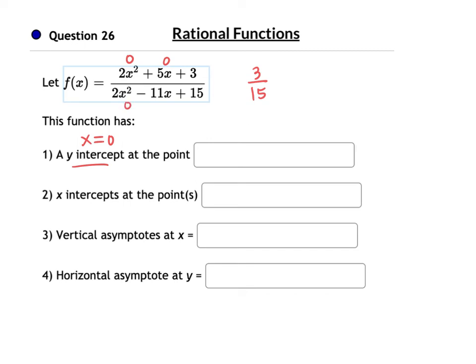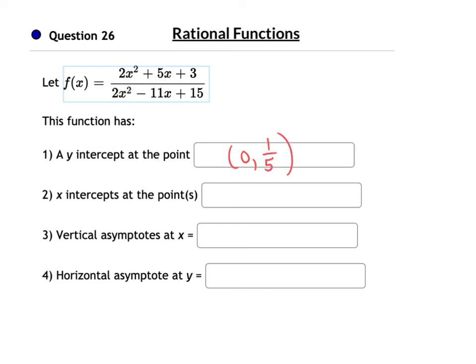Plugging in 0 for x drops these pieces out, and I get 3 over 15. That's y equals 3 over 15. Notice they're asking for a point. The point would be x is 0, y is 3 over 15. 3 over 15 is 1/5.